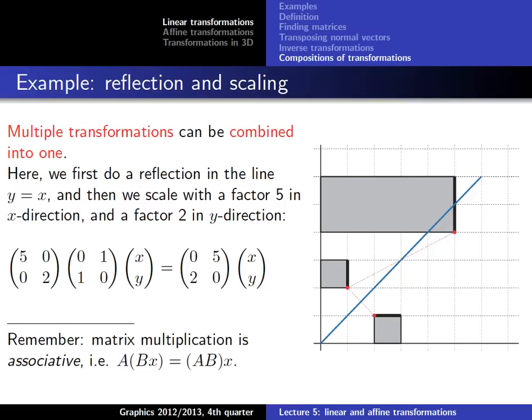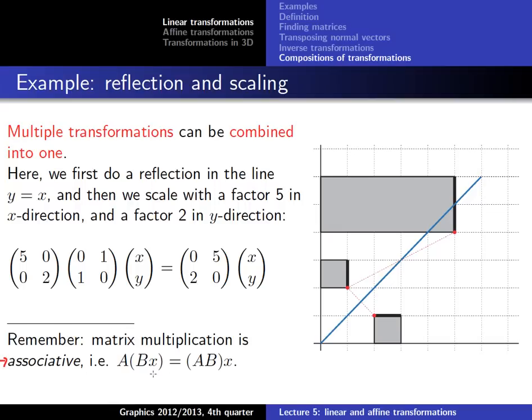And the interesting thing now is when we do this with matrix multiplication, of course, we can combine those matrices into one, or we can combine those transformations into one single transformation that is represented then by one single matrix. And that is because matrix multiplication is associative.